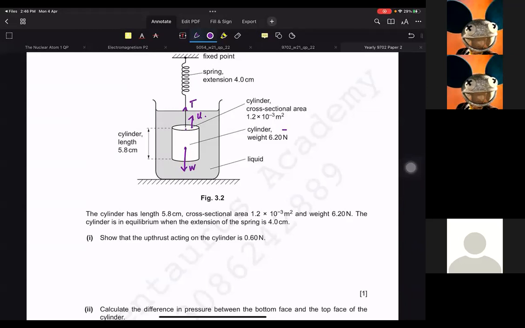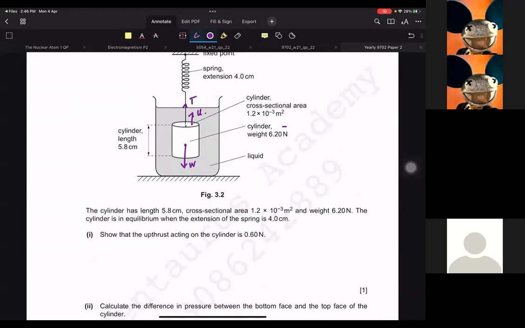So right now we are going to find the tension that should be there. Our principal equation is that weight should be equal to upthrust plus tension. So upthrust should be equal to weight minus tension, like this, right?